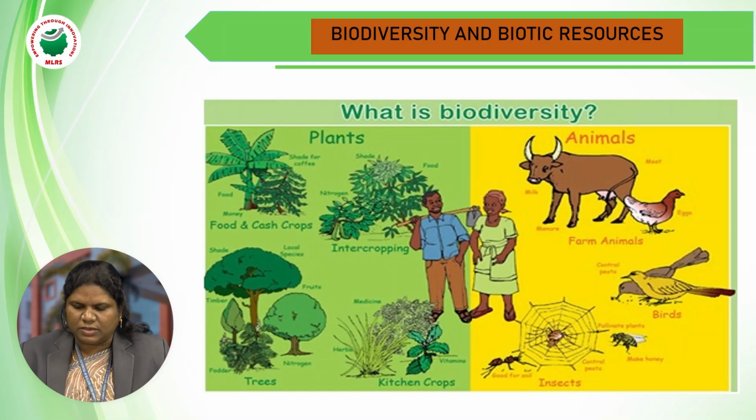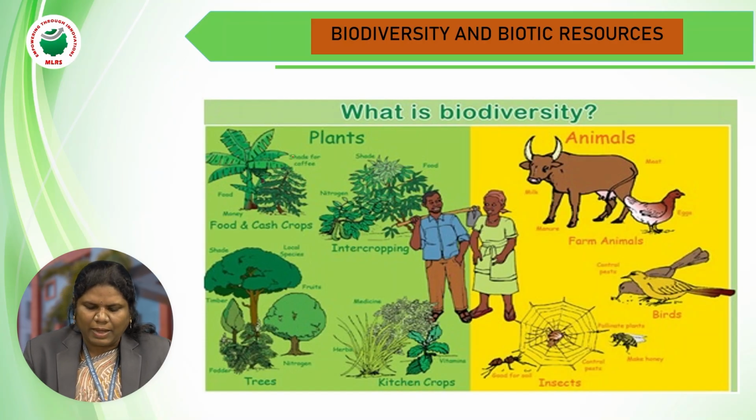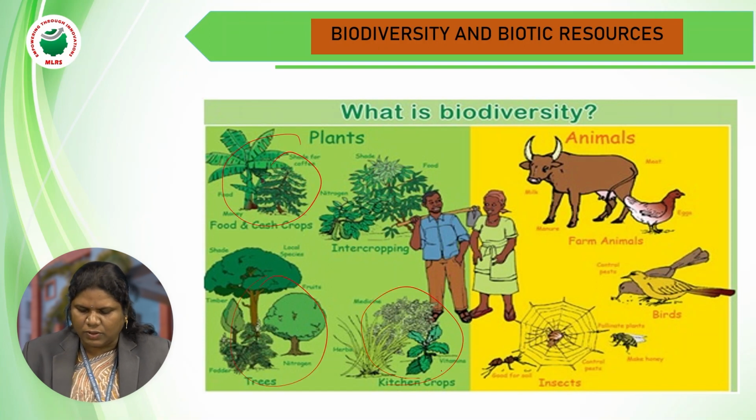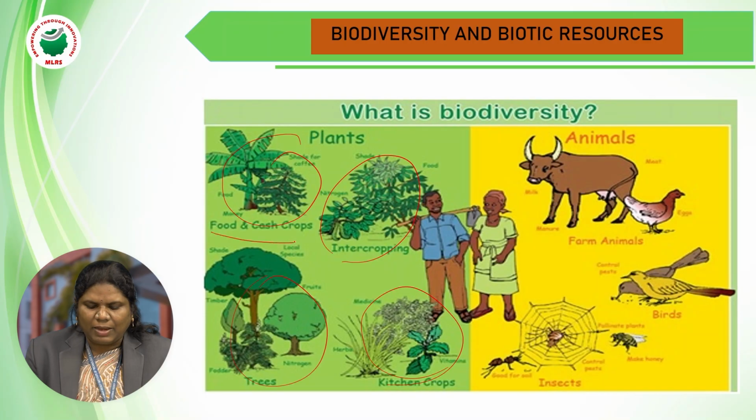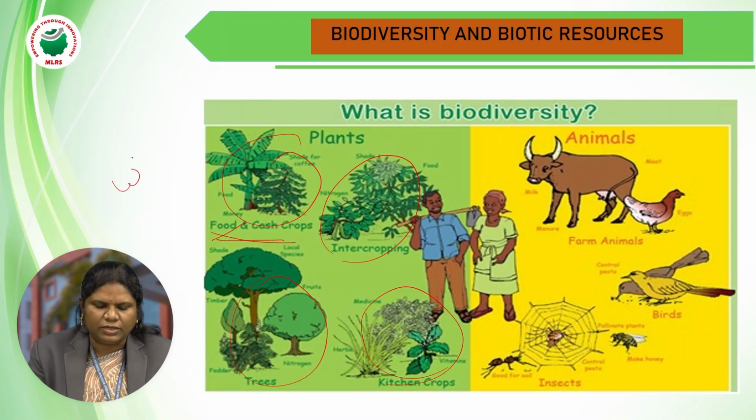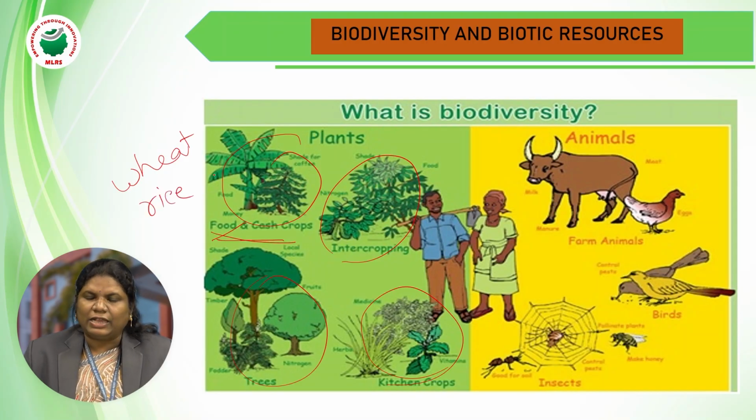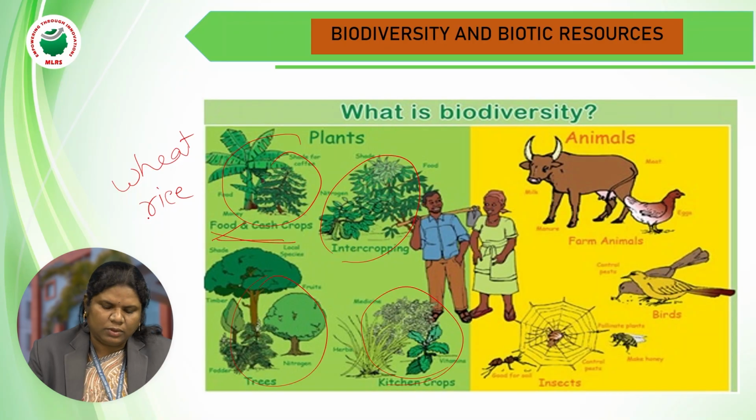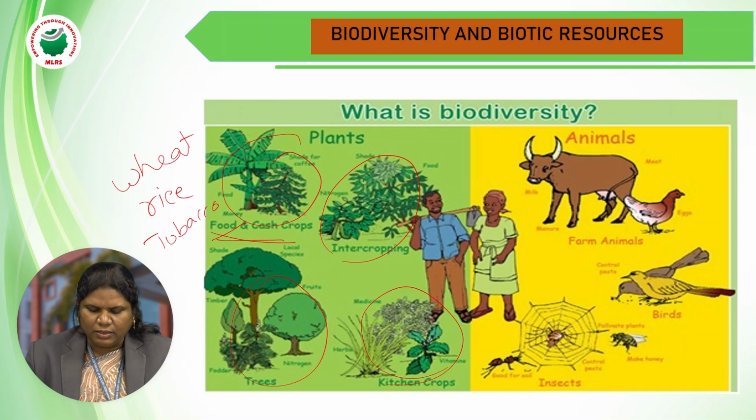What is biodiversity? Here we have plants: trees, kitchen crops, intercropping. These all belong to plants. In plants we have food and cash crops. Examples of food crops are wheat and rice, and a cash crop is tobacco.